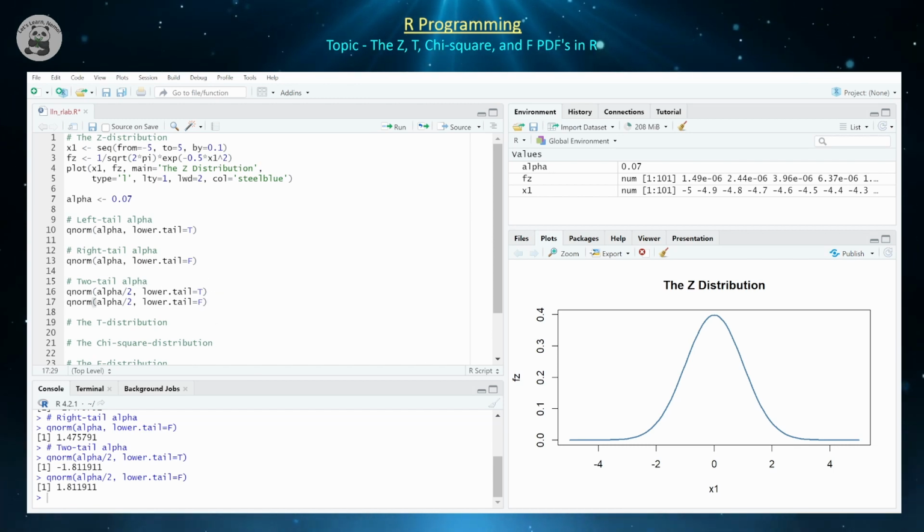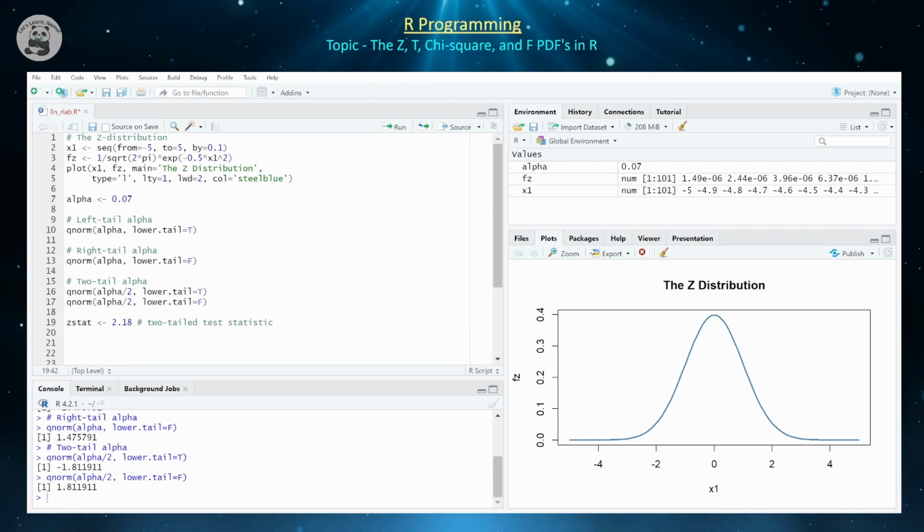Right, and those are the four most common ways to calculate quantiles for the standard normal distribution in the hypothesis testing world. Now, for probabilities, we're usually going to be given what is called a test statistic. So let's assume that we have a z test statistic of, let's say, 2.18, and let's assume that this is what we're going to call a two-tailed test statistic.